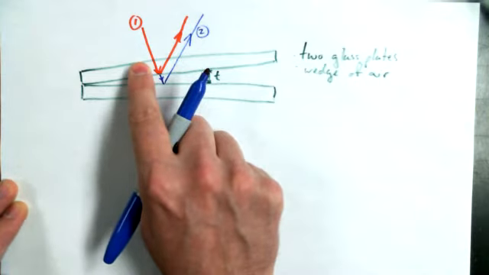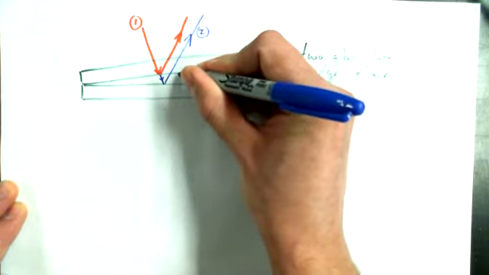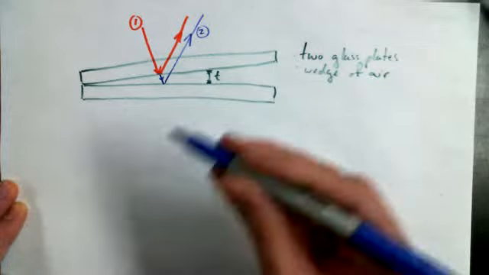Can you see what I mean by that? It's traveled 2 times t further through space than vector 1. It had to go through the wedge once, then back through the wedge again. So its extra travel distance, its path length difference, has been 2 times t.